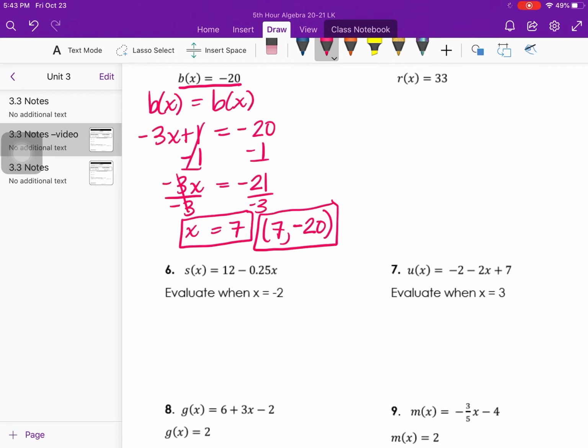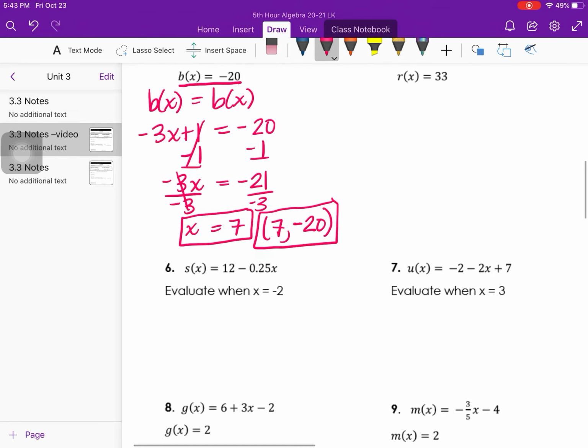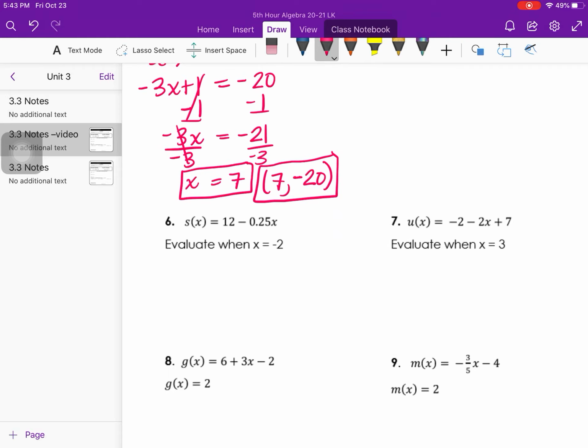Okay, now we're going to do the same thing, we're going to use some substitution in these next problems. So we're going to substitute negative 2 in where that x is. So I'll say, instead of s of x, I'll say s of negative 2.